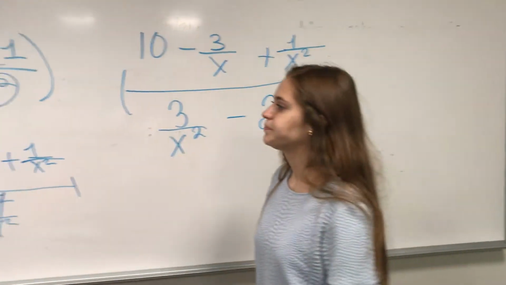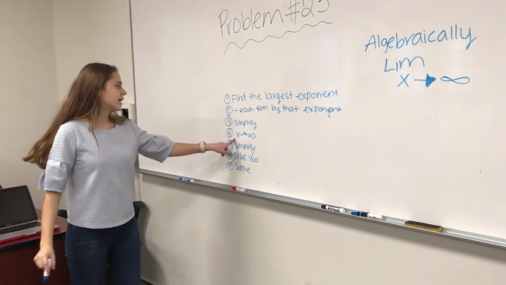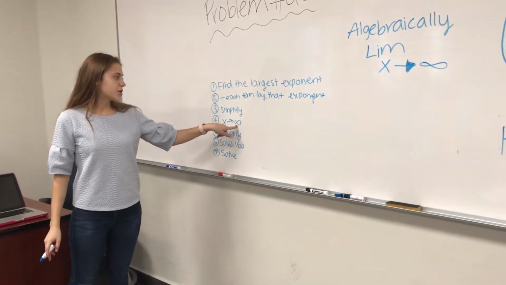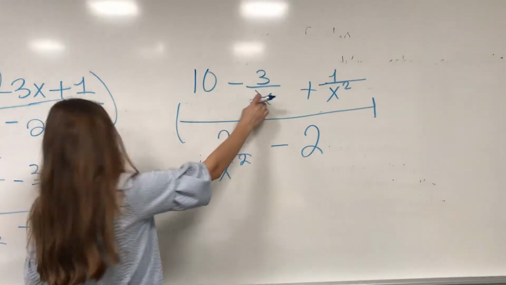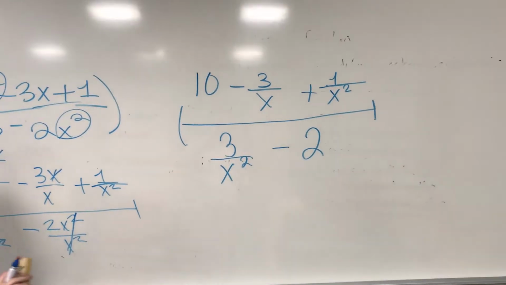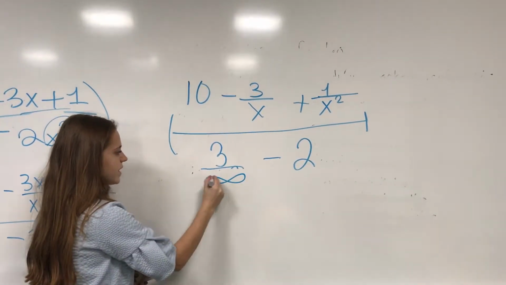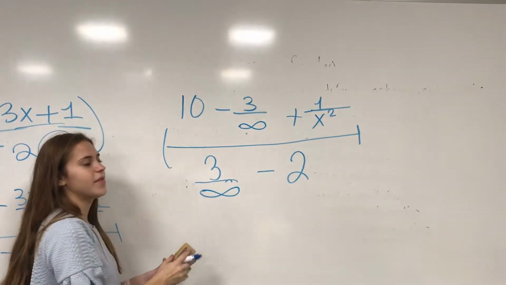And then in step number 4, it says that the x, the variable, is gonna turn into an infinite. So these variables, which are the x's, we're gonna turn them into infinites. So this one turns into infinite, and this one too.